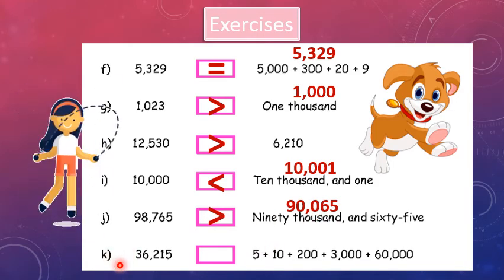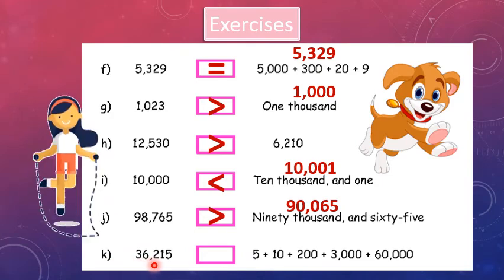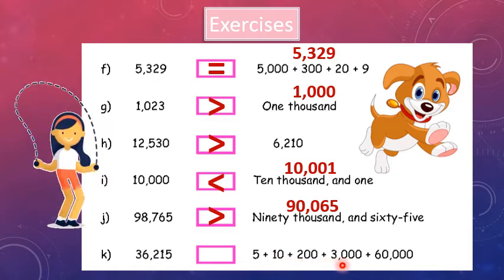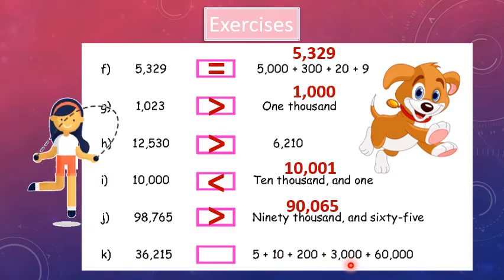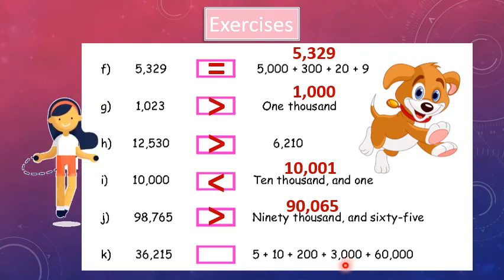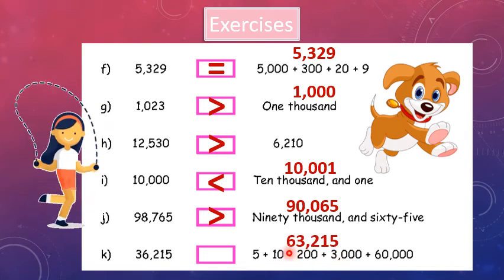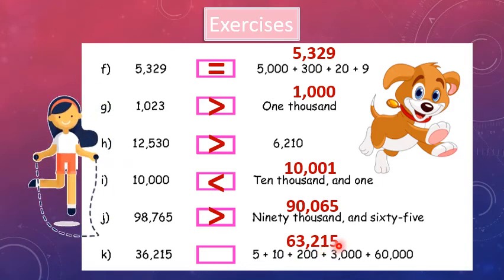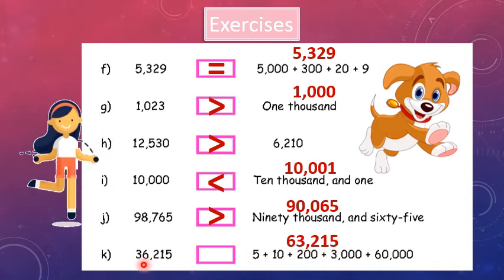And the last one here, we have 36,215. And this number is in expanded form on the other side. We must change it into standard form like this, 63,215. Now let's check our place values.